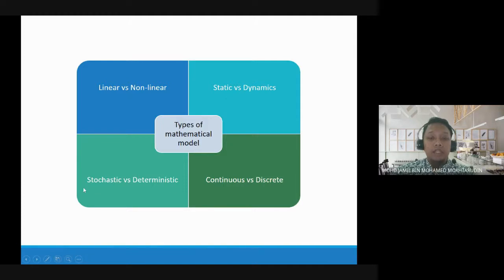And some other things like stochastic and deterministic, which is mostly about probability, so this is not covered in our lecture. And continuous versus discrete is more into signal processing and also not covered in our lecture. Usually we will cover the first, linear versus non-linear, and also the second one, static versus dynamic.